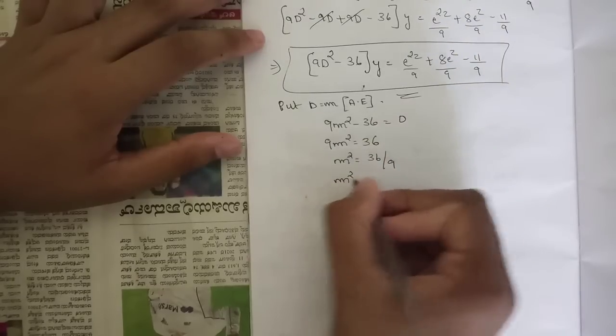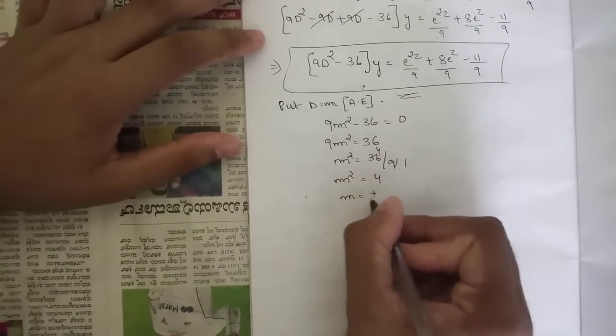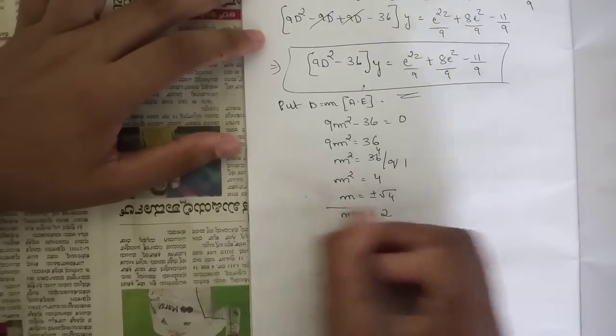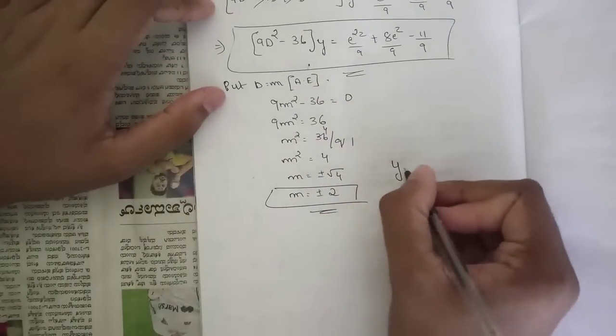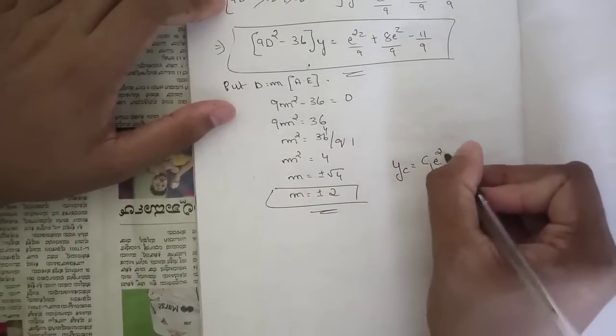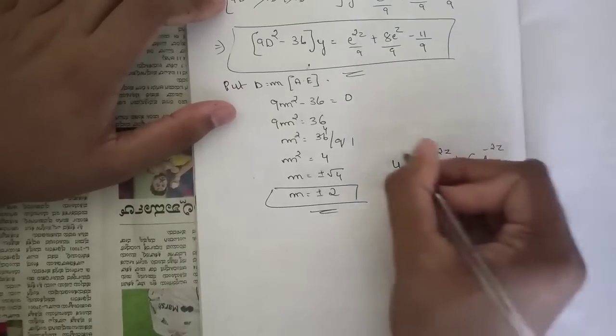So m square is equal to 4, 9 fours are 36. So m we get as plus or minus square root of 4. m is equal to plus or minus 2, right? So our complementary function is c1 e to the power 2z plus c2 e to the power minus 2z.